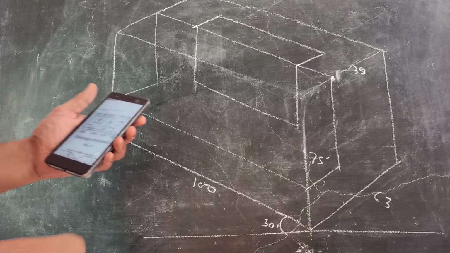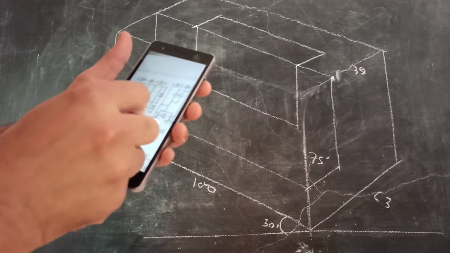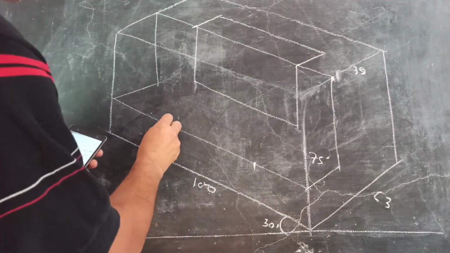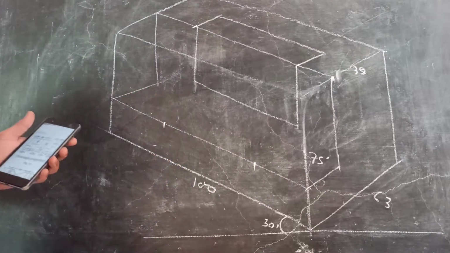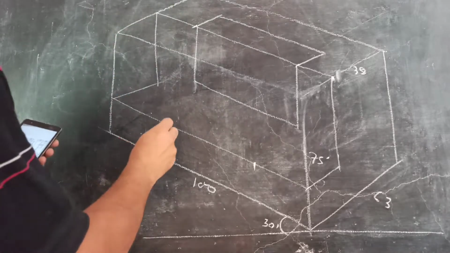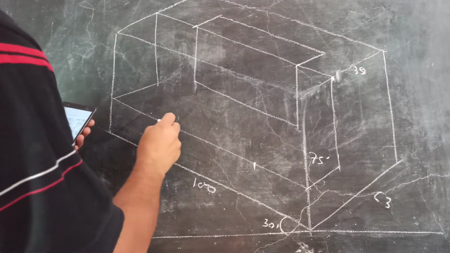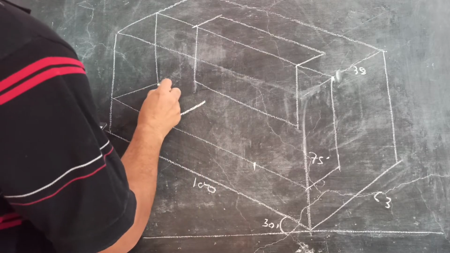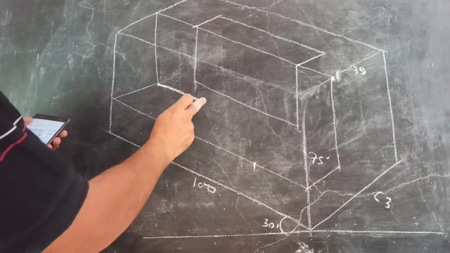So you can see there are two legs here which are having 32 somewhere else here and 32 somewhere else here. So these are the legs mentioned here.